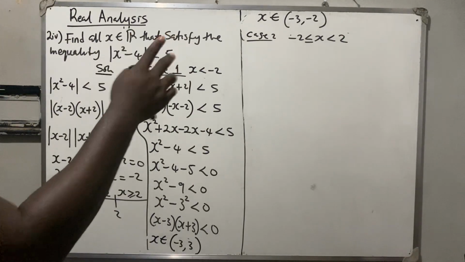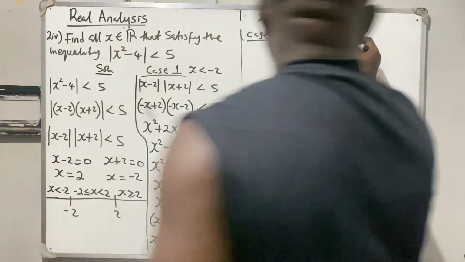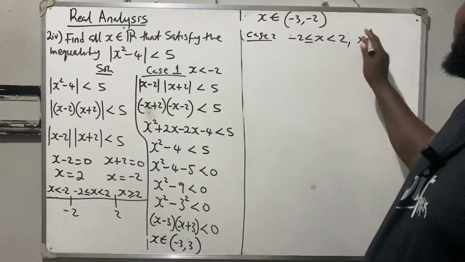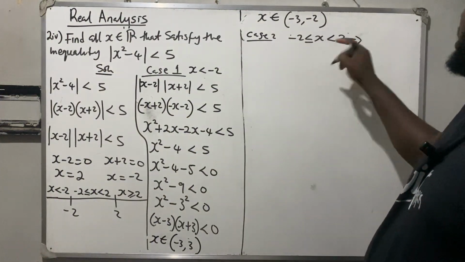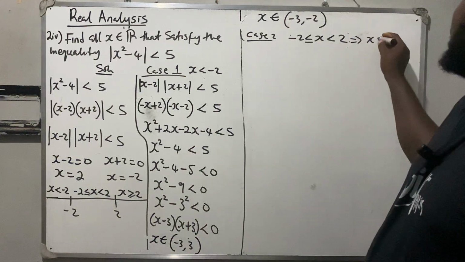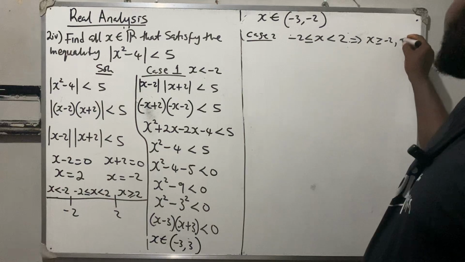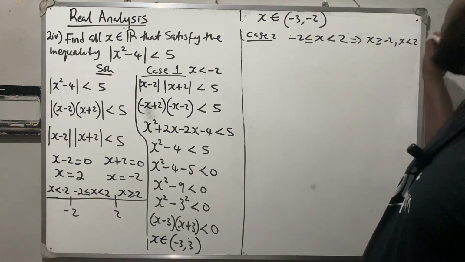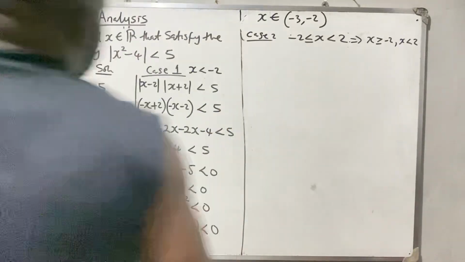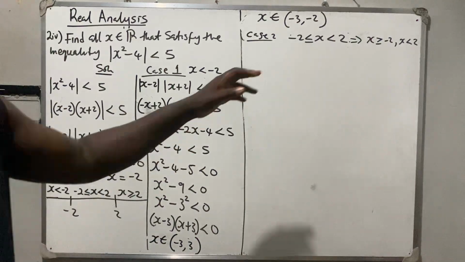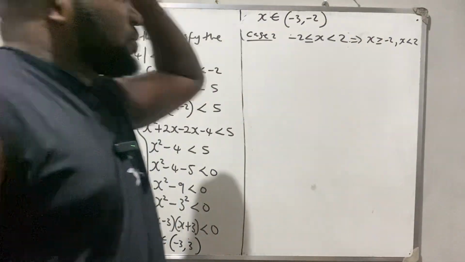In fact, we can even decide to separate it. If you separate it here, this implies that x is greater than or equal to -2, and then x is less than 2.